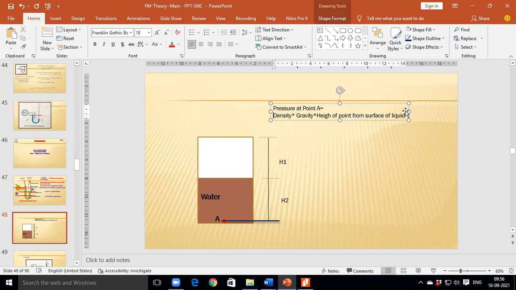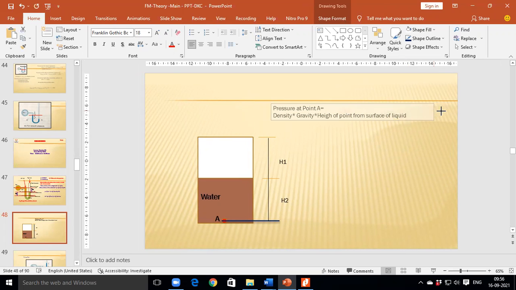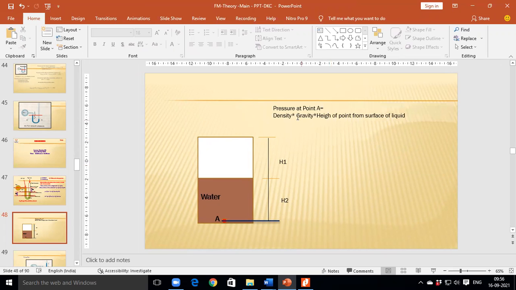This is the formula to determine the pressure at point A.